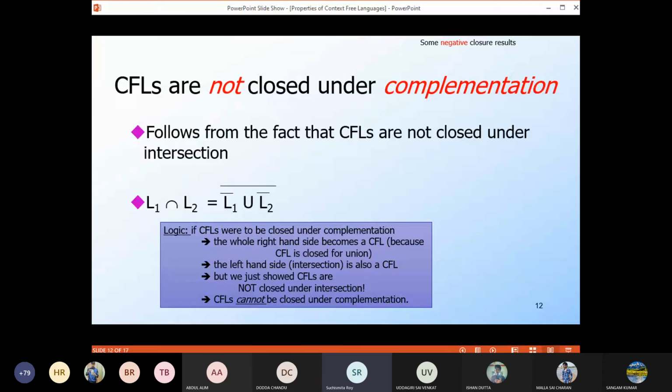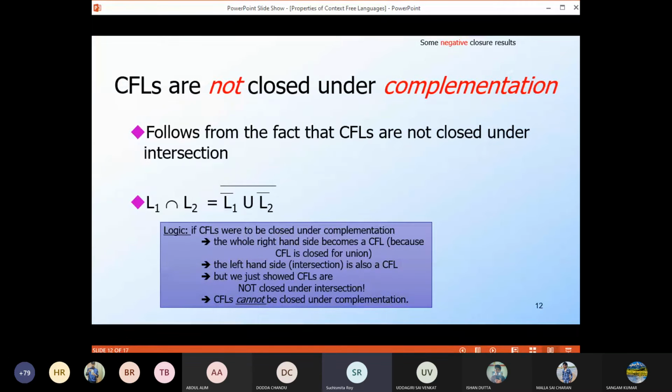Now complementation. Because they are not closed under intersection, now consider complementation, since you can define intersection using complementation. You have seen that already. This is from set theory. So the complement of L1 union the complement of L2, and the complement of the whole of that, is the intersection of L1 and L2. Now, L1 intersection L2 is not supposed to produce a context-free language, but note here that of the two different operations, union is actually closed for context-free languages.